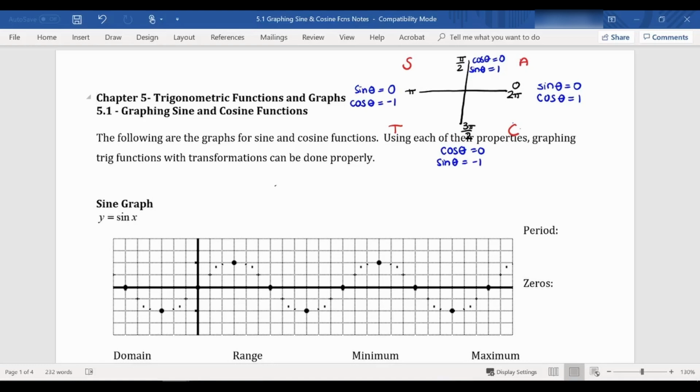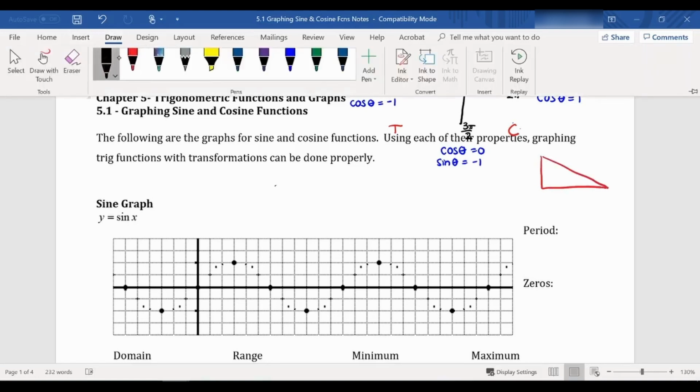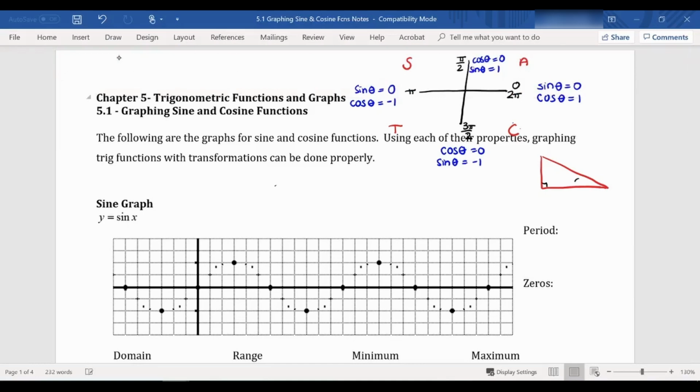Now, we also know that if we think about a triangle with an angle down in the corner, we have opposite, adjacent, and hypotenuse. We know that sine is equal to opposite over hypotenuse.